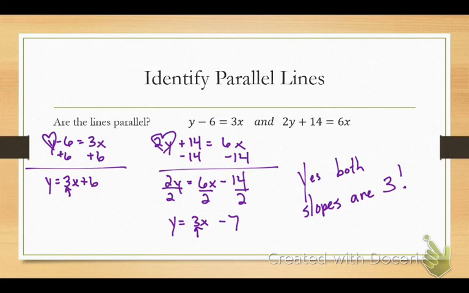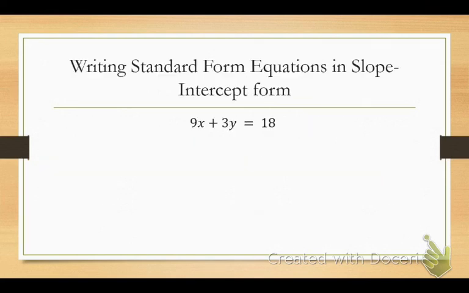All right, last problem. I want you to write the equation in slope-intercept form. Pay attention, guys, I'm going to ask you this on your test. What form is this equation in currently? It's in standard form currently. Think about the example of rearranging your bedroom furniture.